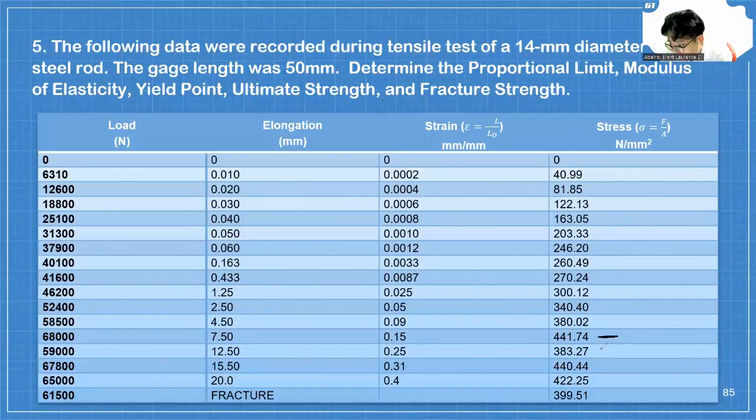Bumababa man siya ng konti, pero hindi na siya tumataas ng kasing taas dito. Nagpatuloy tayo magdagdag ng load, and umaabot na siya dito sa ating fracture. Nasisira na siya. And by just looking at the data, ang ating ultimate strength is 441.74 megapascals.